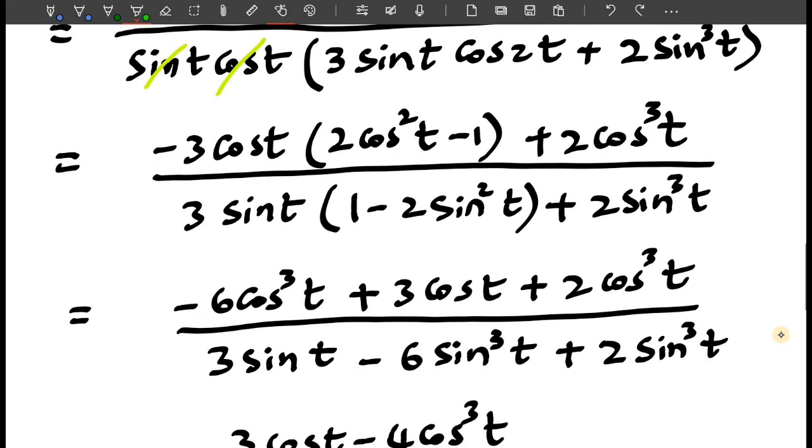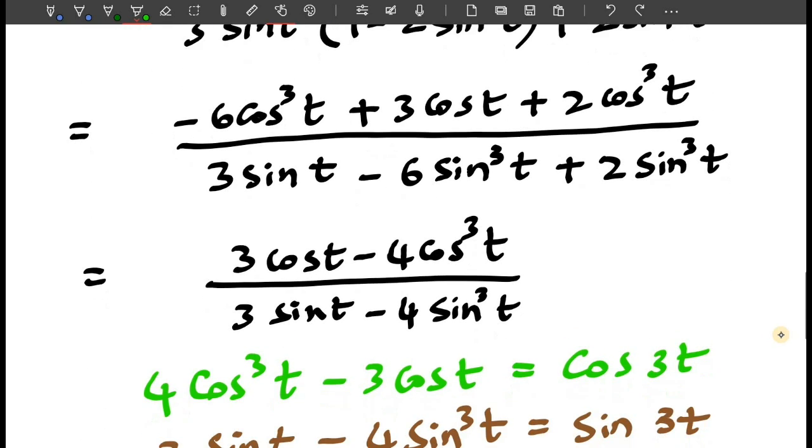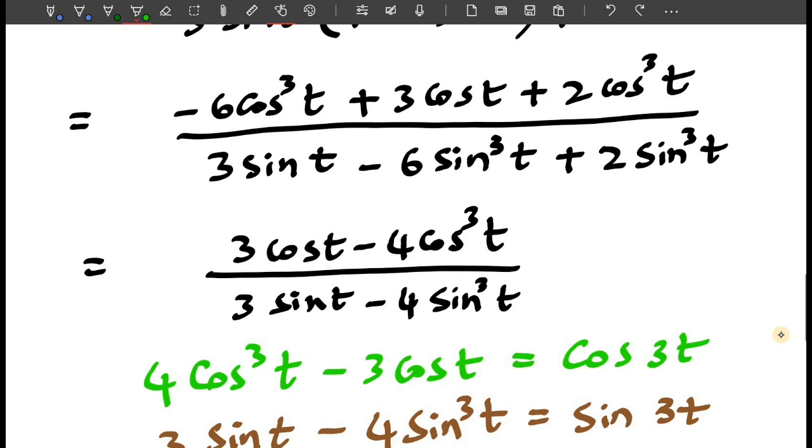When you expand it, you get minus 6 cos cube t plus 3 cos t plus 2 cos cube t, divided by 3 sin t minus 6 sin cube t plus 2 sin cube t. When you simplify it, you get 3 cos t minus 4 cos cube t by 3 sin t minus 4 sin cube t.